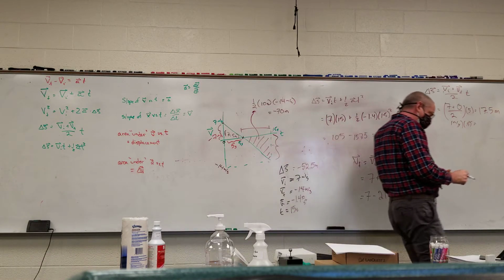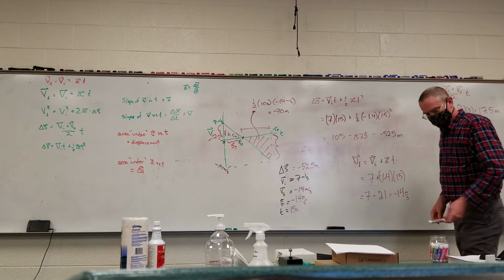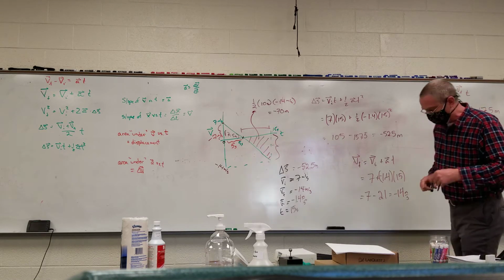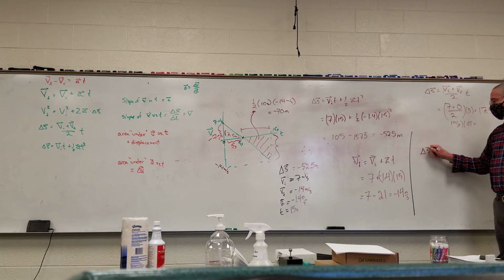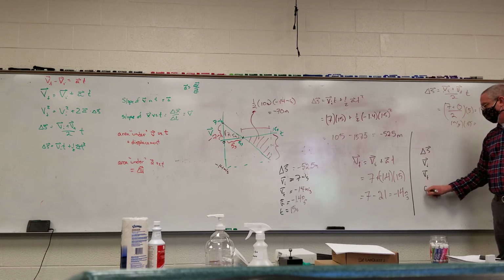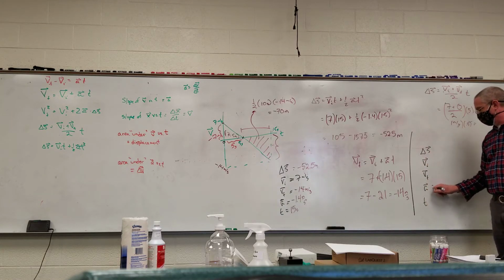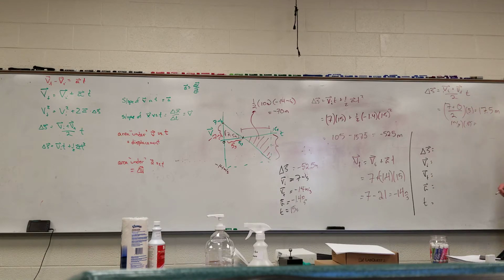Let's do the equation bit. I'm trying to find displacement for that last 10 seconds. So delta S, VI, VF, A, and T. My acceleration is still the same. That line has not changed at all, so my acceleration is still negative 1.4 meters per second squared.